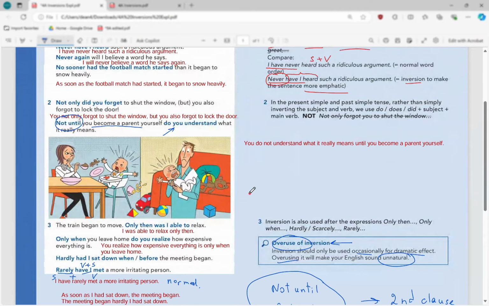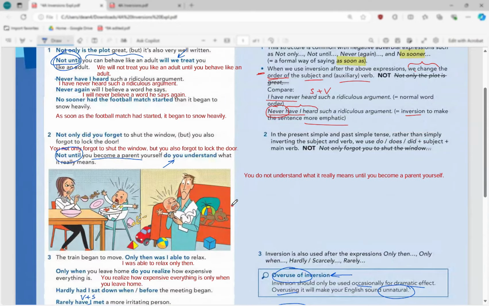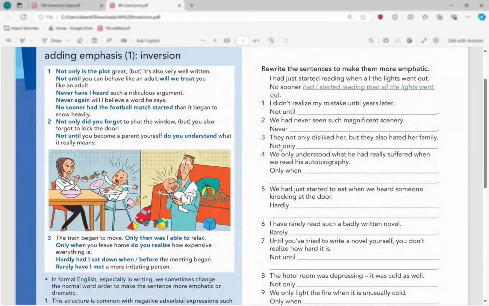Now we're going to move to the exercise part, guys. Before starting the exercise, I would like to add some notes here. No sooner, guys. It's a paired phrase in inversion. When we say no sooner, we use than. So try to remember this: no sooner, then it began.